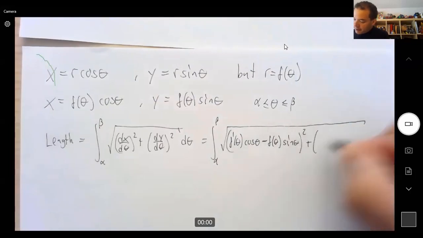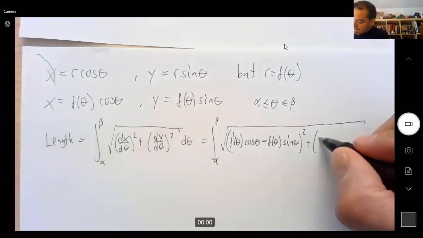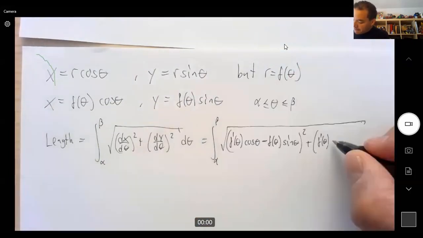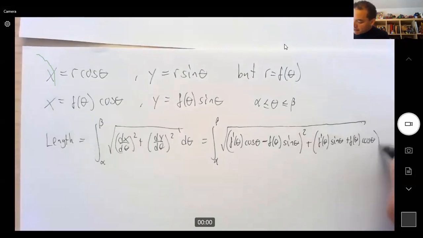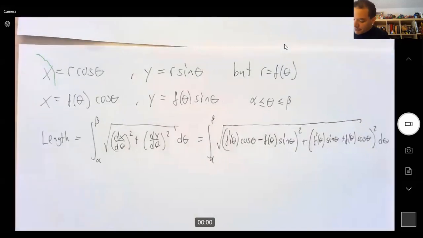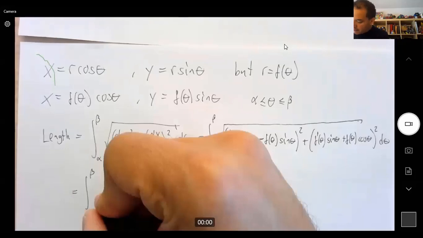And then here is the derivative of the first, that's f prime, times sine plus f times the derivative of sine, which is cosine. And we need to square it, right? It looks like a big and complicated expression, but actually it's going to become so much better. You'll see in a moment.